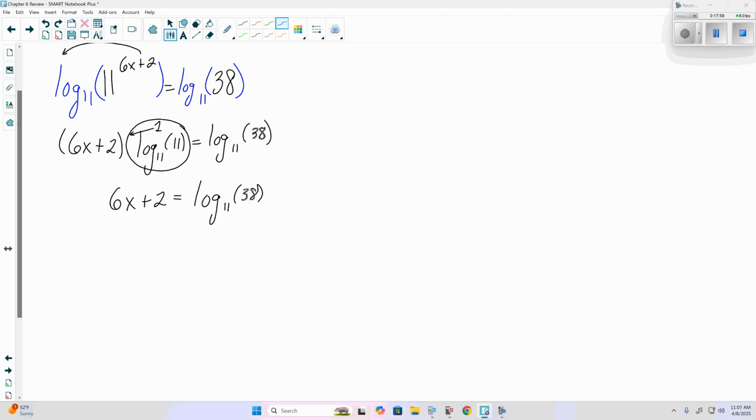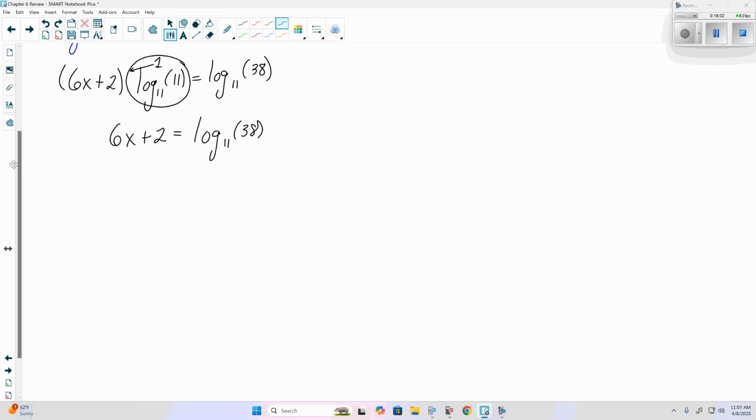Is x by itself? No. So we first subtract 2, telling us 6x is equal to log base 11 of 38 minus 2.